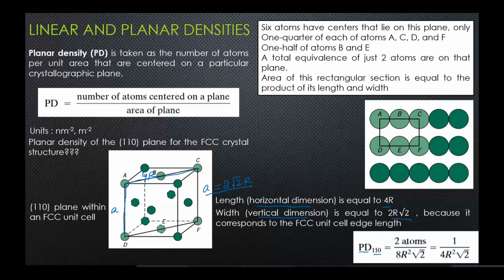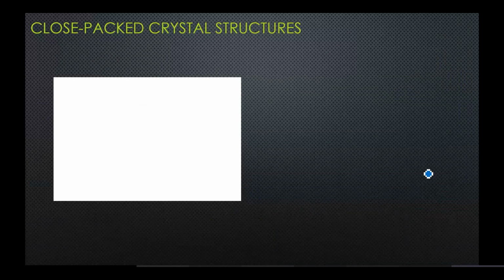All right. Moving on towards the last concept of how the stacking sequence is situated within the crystal structures, we know that the closest packed planes are FCC and HCP, both having the atomic packing factor of 0.74.